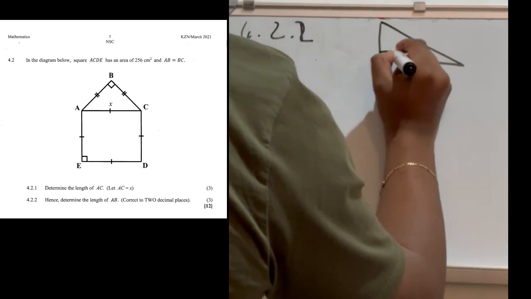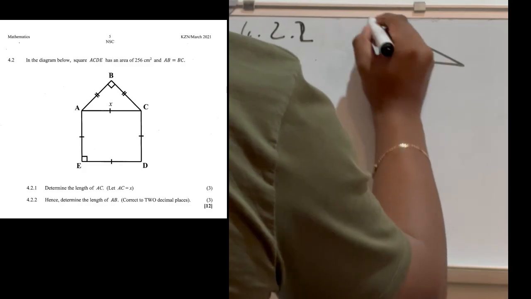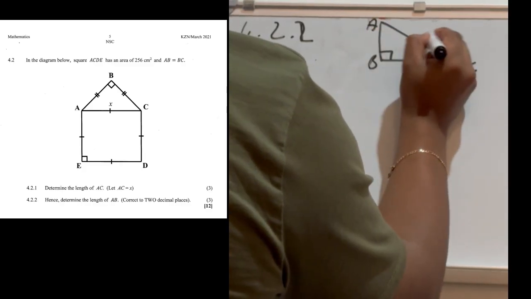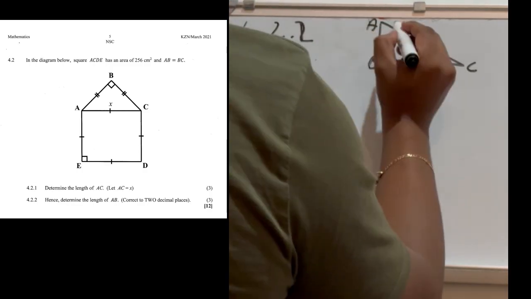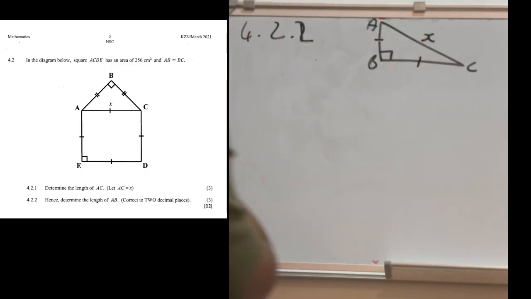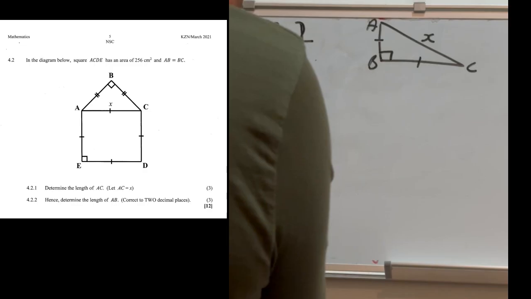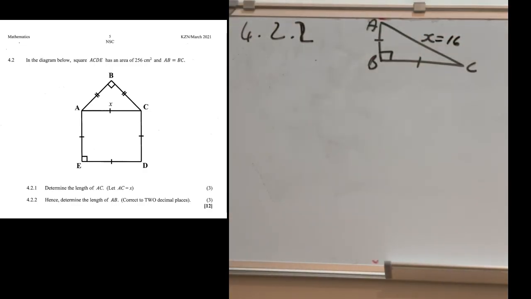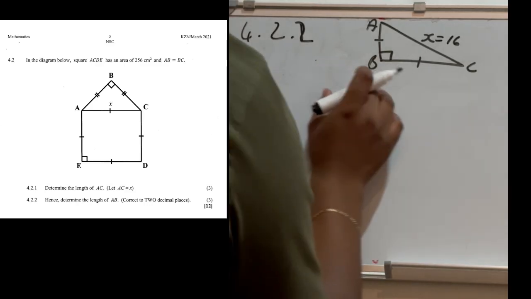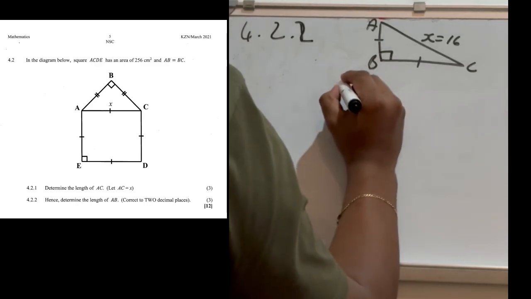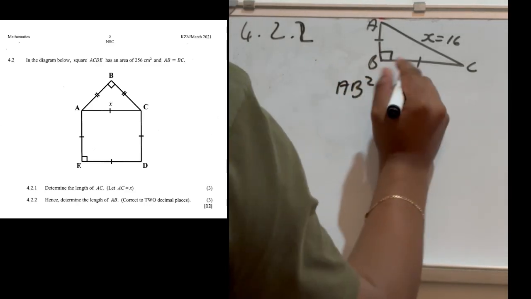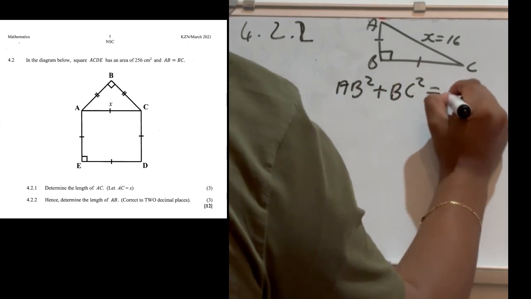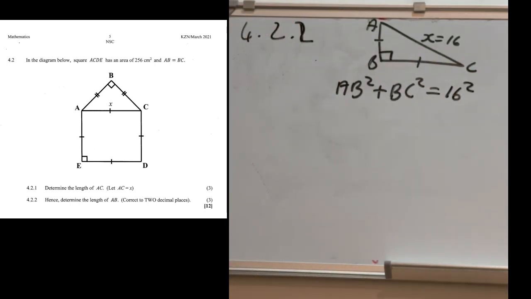So that is B, A, and C. So that is x, and these two sides are the same, and that is equal to 16. So we can use Pythagoras by saying AB squared plus BC squared is equal to 16 squared.